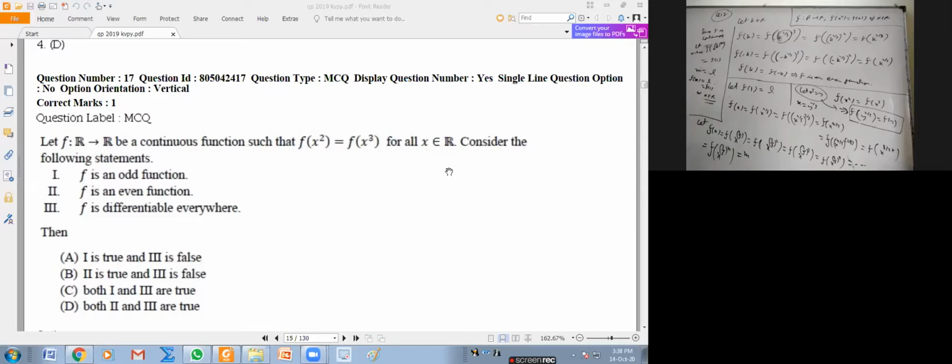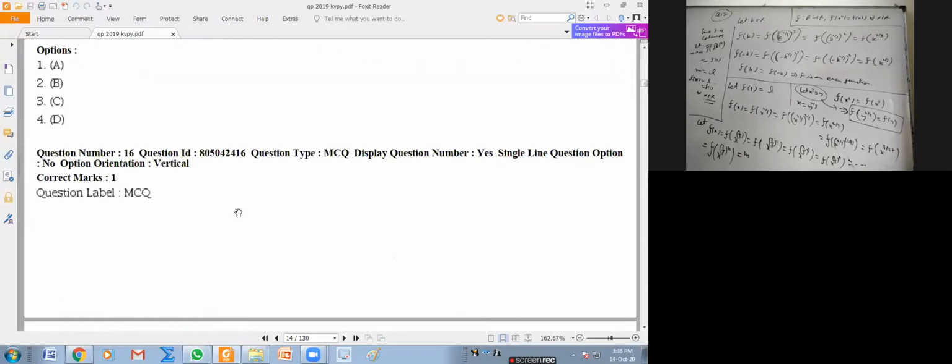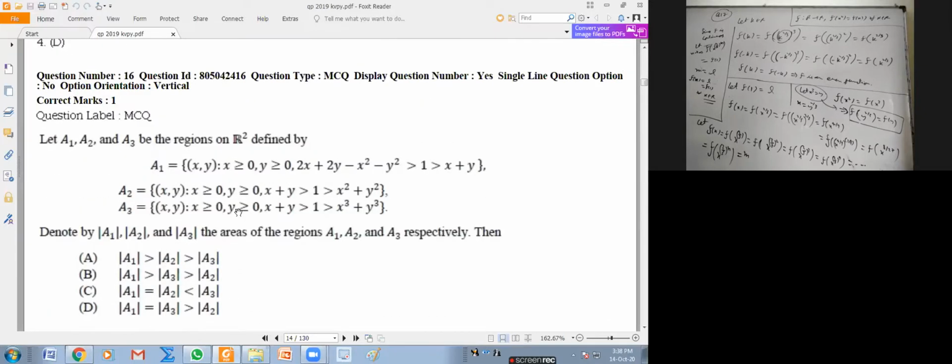Whoever had doubt especially about the last step, is it clear? Okay, I'm going to erase.